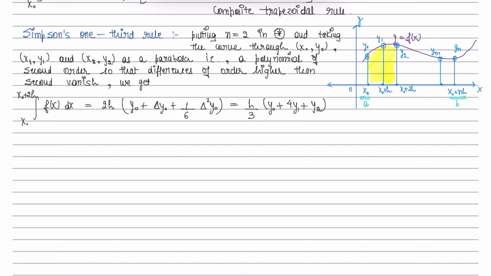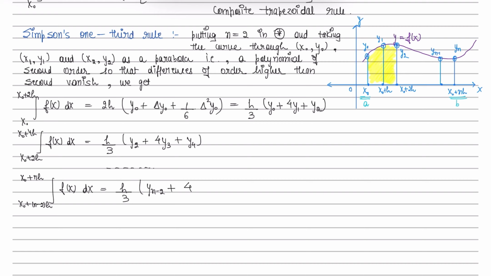Similarly, we can find the integration value from x naught plus 2h to x naught plus 4h, which will be equal to h by 3 into y2 plus 4 times y3 plus y4, and so on, to the integration from x naught plus n minus 2 times h to x naught plus nh of f of x dx, which will be equal to h by 3 into y n minus 2 plus 4 times y n minus 1 plus yn, where n will be even.